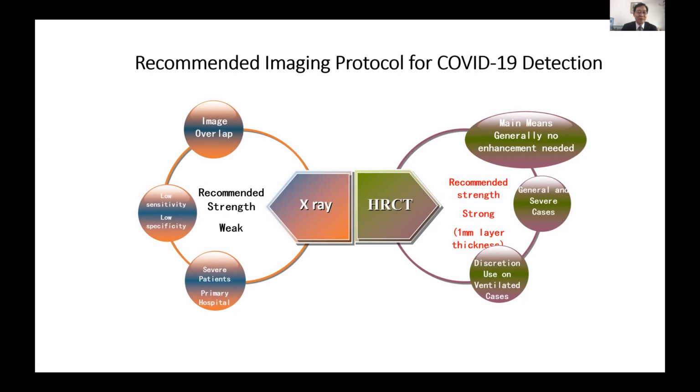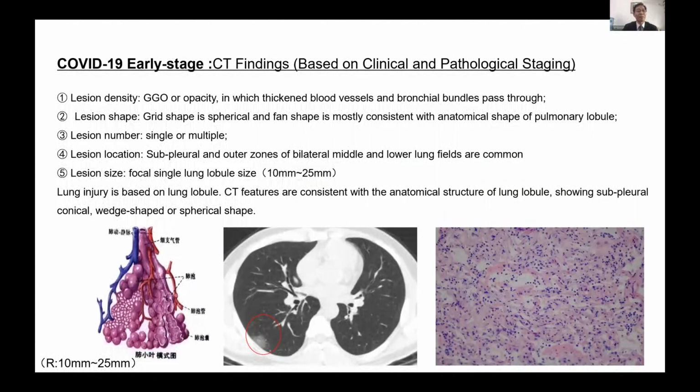X-ray is a less recommended procedure. COVID early stage lesions include five features. Lesion density: GGO opacity, in which second blood vessels and bronchial bands pass through.